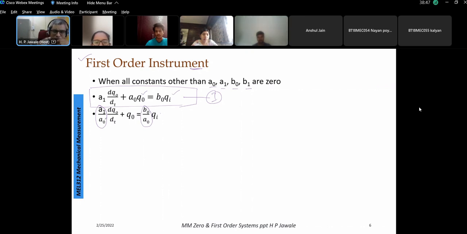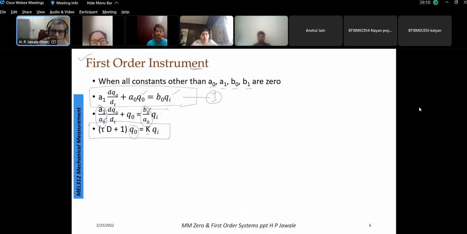Further, we represent these two proportions by certain names. Then we can simplify this and put the very generalized equation for the first order system as tau times D plus 1, where D is the operator representing d by dt, times the output quantity, equals k times Qi.